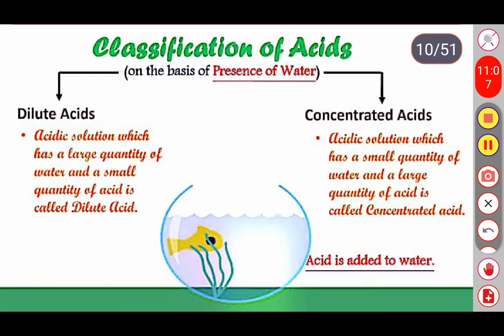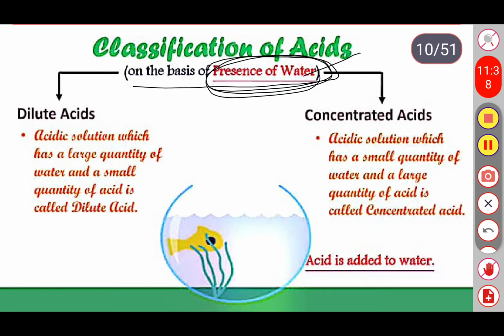We classify the acids in different forms. Here I am going to discuss a few classifications of acids. The first classification is based on the presence of water in the acidic solution, the amount of water present in the given solution.